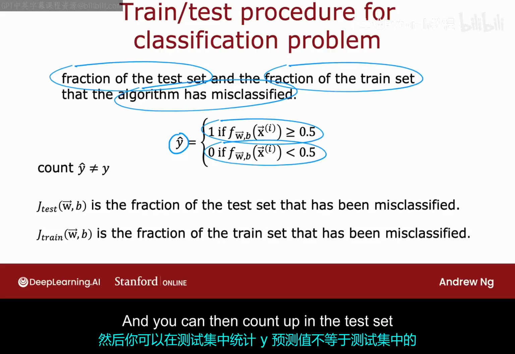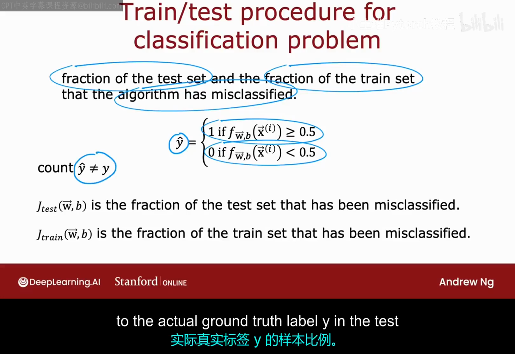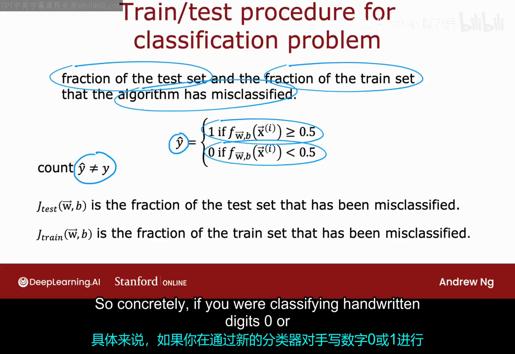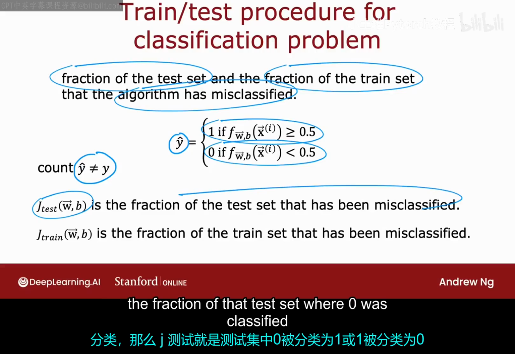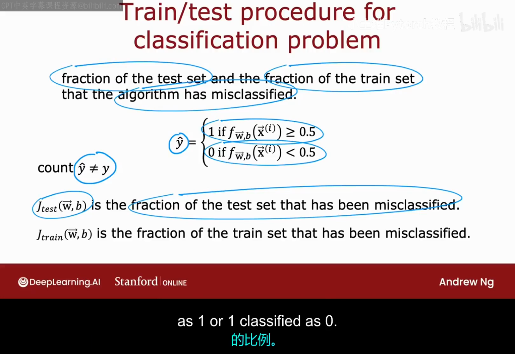And you can then count up in the test set the fraction of examples where y hat is not equal to the actual ground truth label y in the test set. So concretely, if you were classifying handwritten digits 0 or 1, a binary classification task, then J-test would be the fraction of that test set where 0 was classified as 1 or 1 classified as 0.